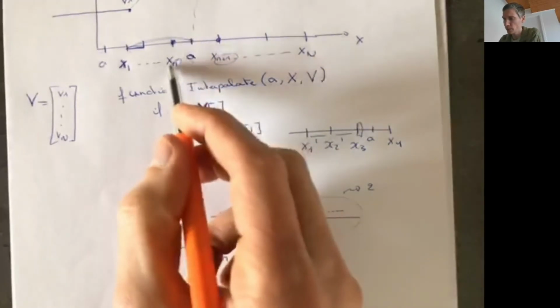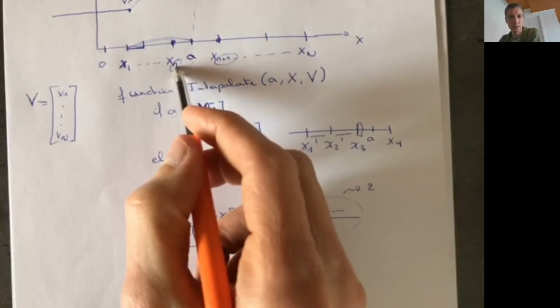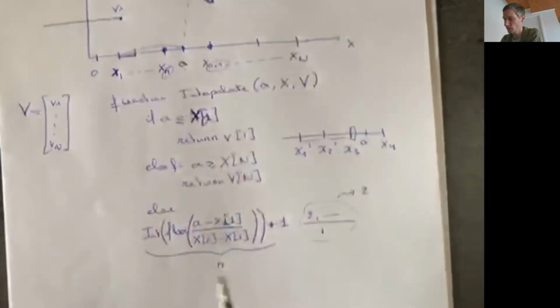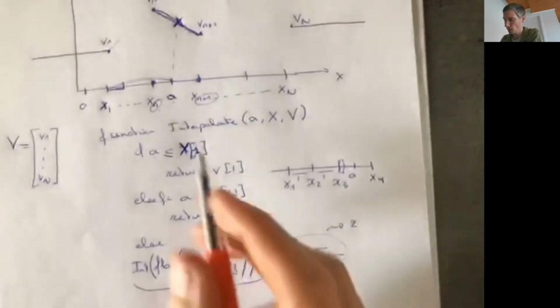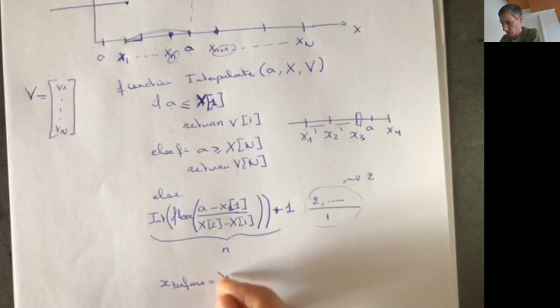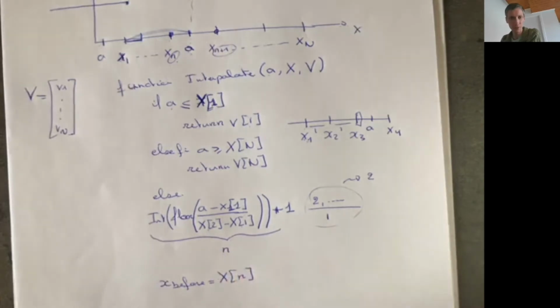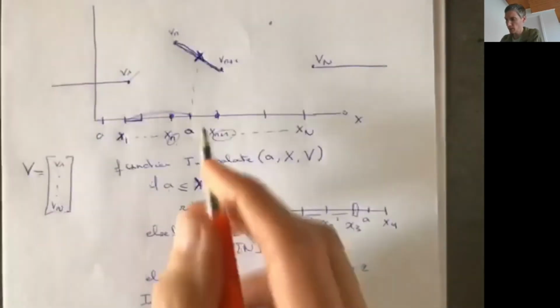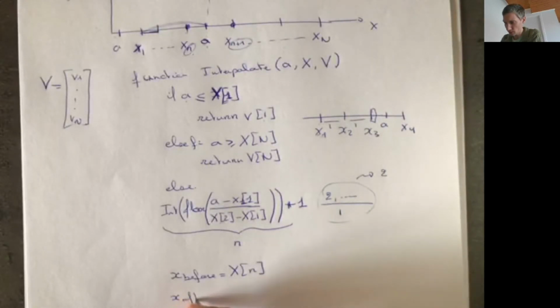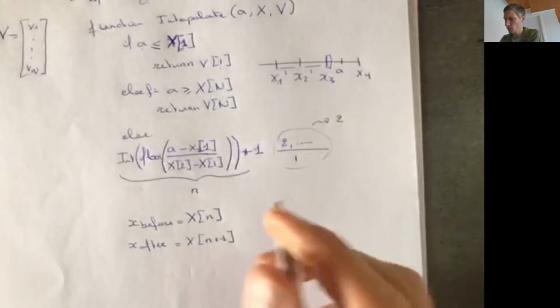this number is going to give me the n for this xn. It's going to tell me the index just before a. So that's it. I can define x before to be x of this n, and x after is going to be x_{n+1}.